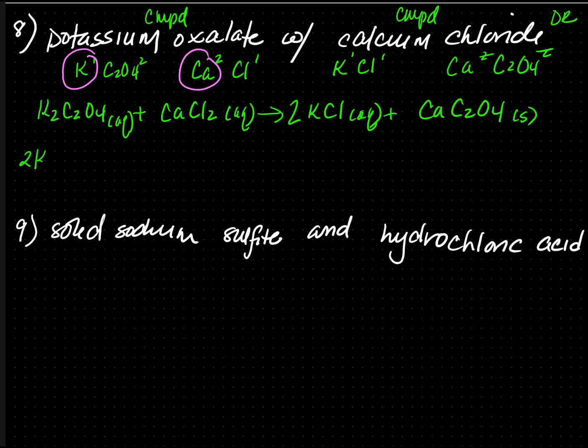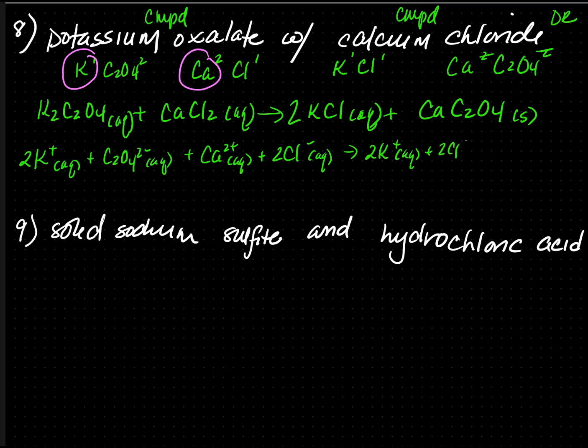So there's 2K plus AQ plus C2O4 2 minus AQ plus Ca2 plus AQ plus 2Cl minus AQ yields 2K plus AQ plus 2Cl minus AQ plus CaC2O4 solid. Remember, solids we cannot break down. This is our complete ionic equation.